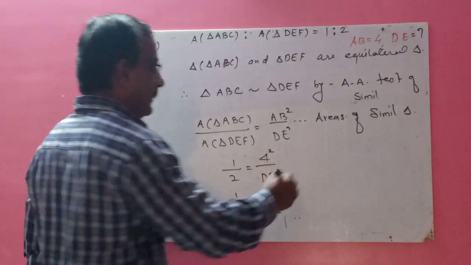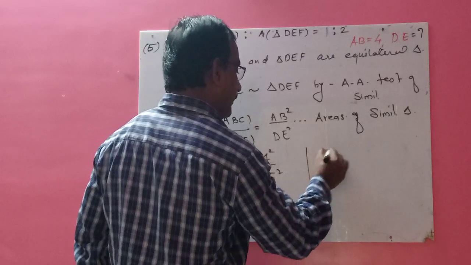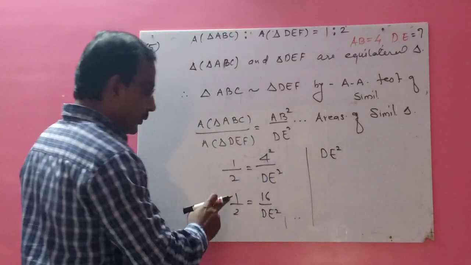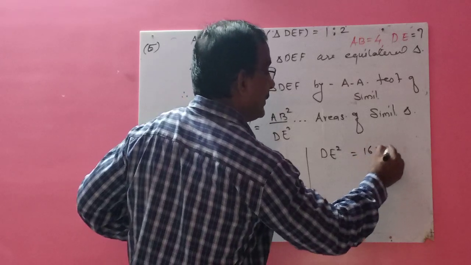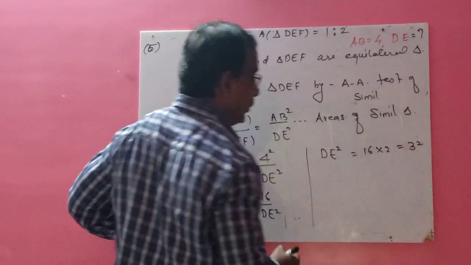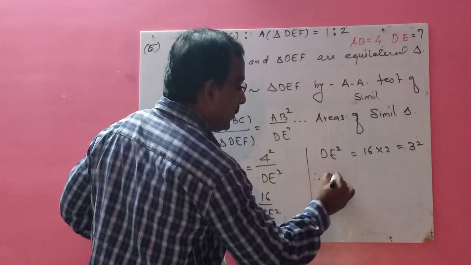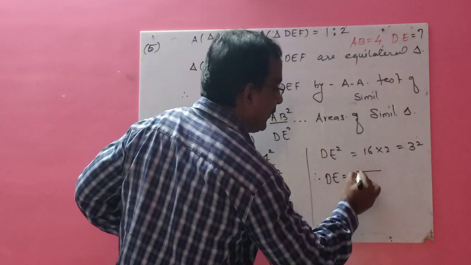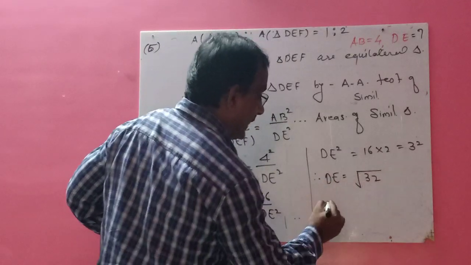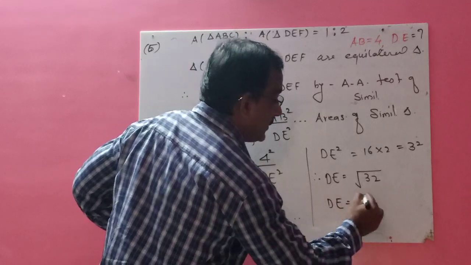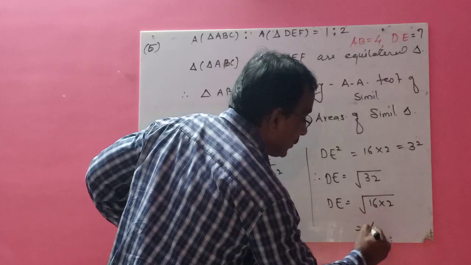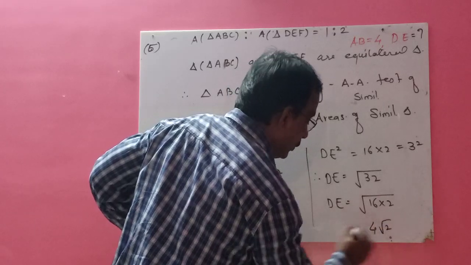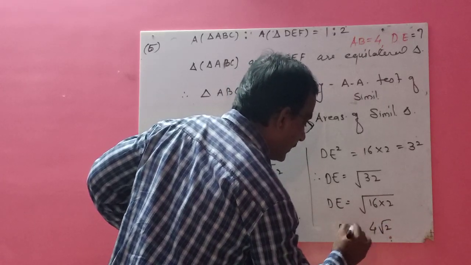Now you do cross multiplication. 1 into DE square and 16 into 2, which is equal to 32. Therefore DE is equal to root of 32, which can be written as root of 16 into 2, and this is equal to 4√2. DE.